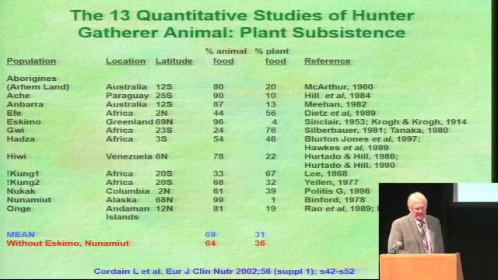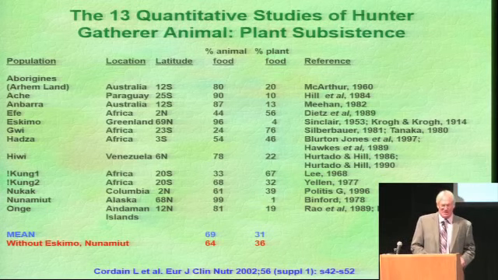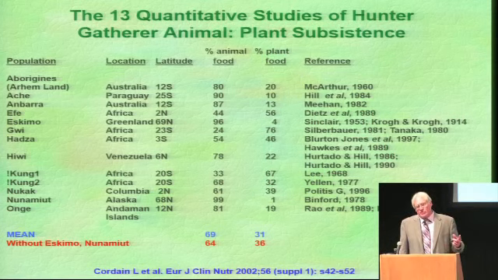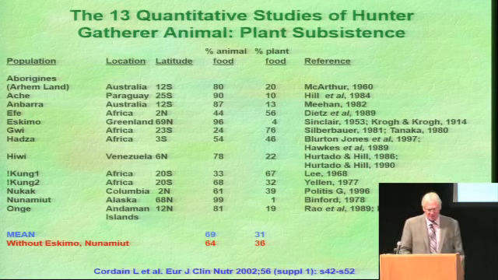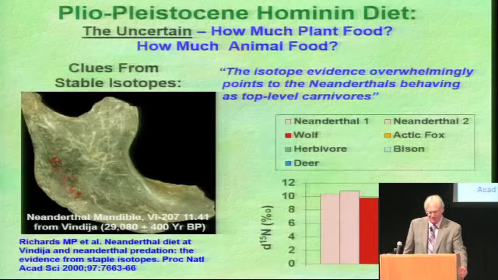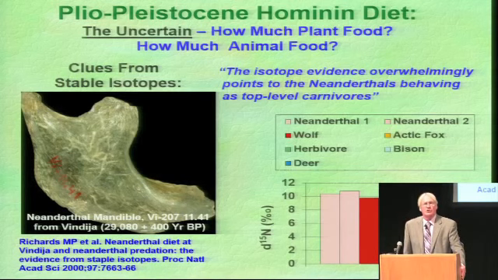But when we eliminate the very far north societies, the Eskimos and the Inuit that live above 60 degrees north latitude, well, they have no choice but to eat only animal food most of the year. When we eliminate those, we see a number that approaches the ethnographic numbers of about 1/3 plant food to 2/3 animal food. This is my colleague Mike Richards' work.